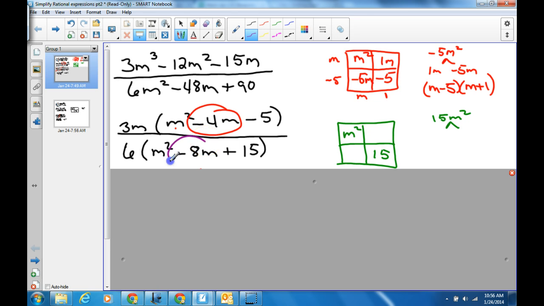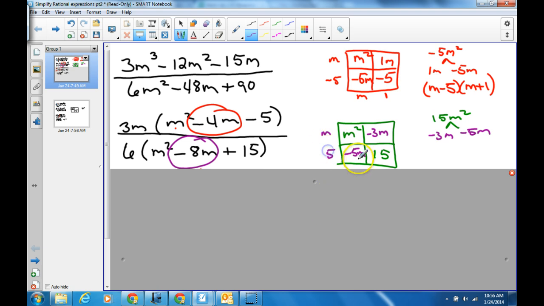Yep, we need it to add up to be negative 8. So we can have a negative 3m and negative 5m, right? So I'll put that in here. What can I factor out of the top row? An m. How about the second row? It's going to be 5.